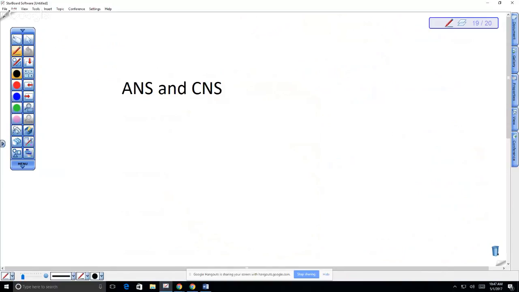Where most of this information is integrated in the CNS is the hypothalamus. So we say that the hypothalamus is the main integration center for the ANS.